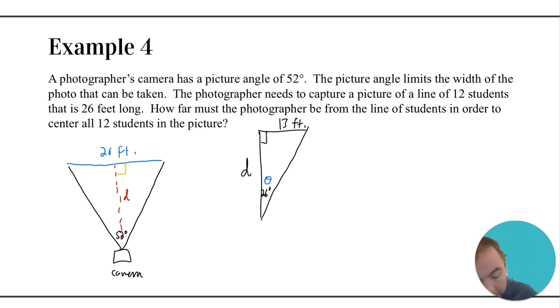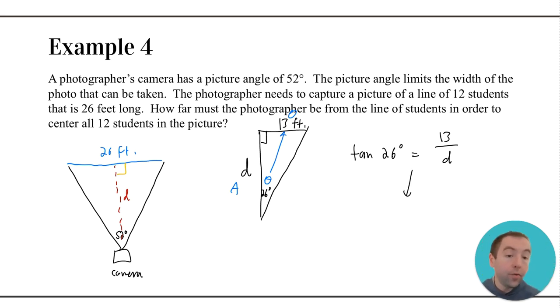Because if you reference this angle here as theta, this here would be your opposite side, and the distance d is your adjacent side. So we could use a tangent ratio, since that uses opposite and adjacent, and tangent of 26 degrees then would be the opposite of 13 feet divided by the distance d. So if you do a little bit of solving where you multiply by d on both sides, and then divide by tangent of 26 degrees, d solved for alone would end up being 13 divided by tangent of 26 degrees.